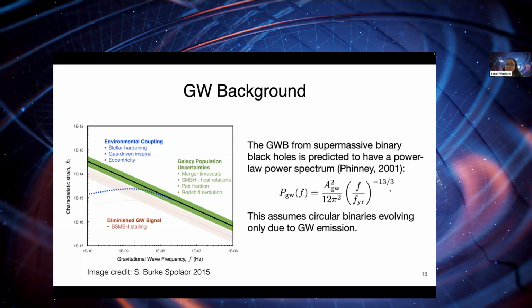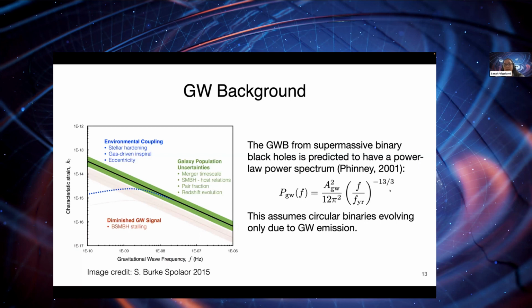But if either one of those assumptions is not true, then you're going to get a change in the shape of the spectrum. So if some fraction of them have significant eccentricity, for example, the shape of the spectrum will be different. If environmental effects are driving the merger during part of the time they're emitting in the nanohertz frequency range, then that will also change the shape of the spectrum. And in particular, it induces a turnover.